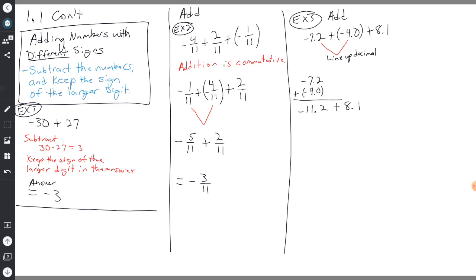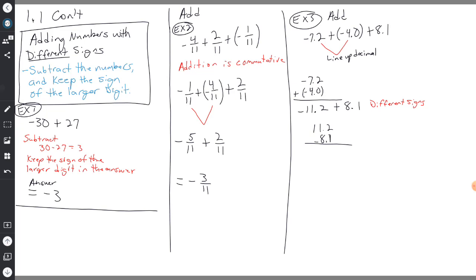Now again, we are at a point where we have different signs. So what do we do? We do subtraction. So 11.2 minus 8.1.